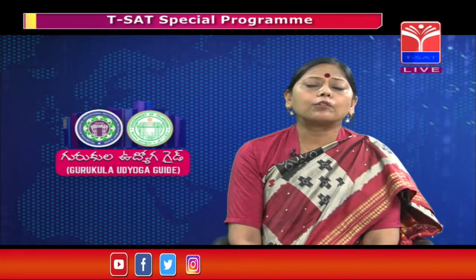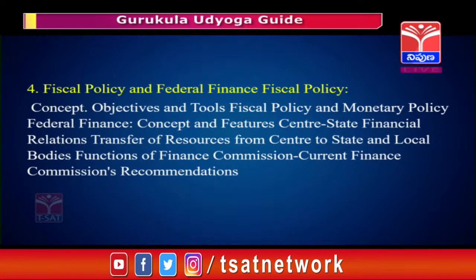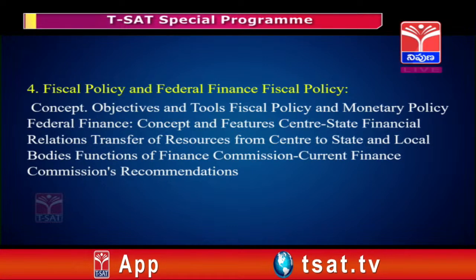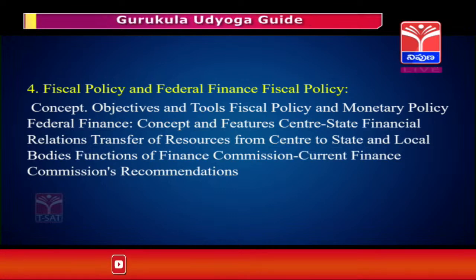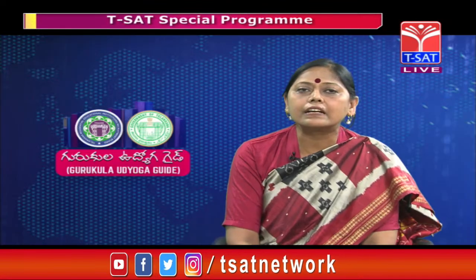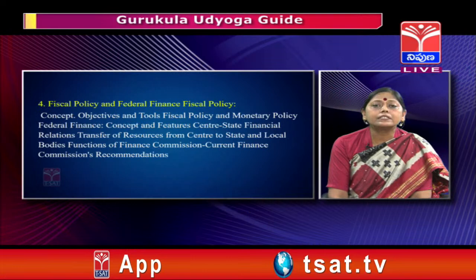Similarly, fiscal policy is again about the revenue and the expenditure of the government. The government will try to increase its revenue, and for the growth process it will also try to increase its expenditure. There are certain taxes levied by the central government, but the money is distributed among the states.